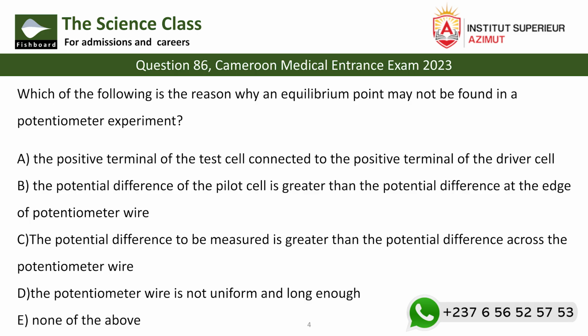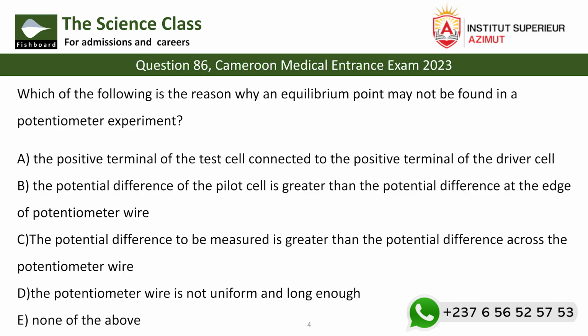So when they say the potential difference of the pilot cell, I think they mean the potential difference across the pilot cell is greater than the potential difference at the edge. How can we talk about the potential difference at an edge? They could say across the edges, but at a single edge doesn't really make sense in English or in physics. C. The potential difference to be measured is greater than the potential difference across the potentiometer wire.